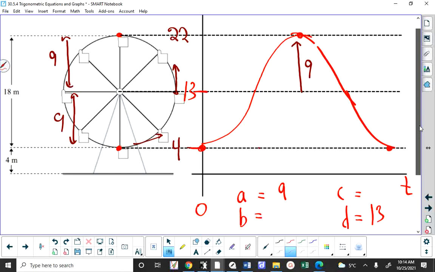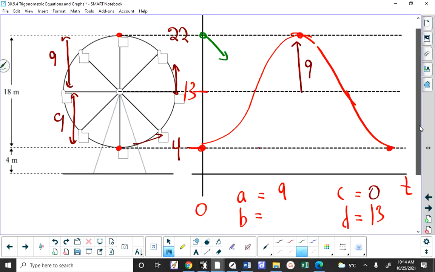Does this question constrain us by telling us it has to be a sine function or it has to be a cosine function? It's open, right? Well, because it's open, I'm going to make the decision to use C equals 0 and then go with a cosine function. The reason is cosine starts at the top going down.